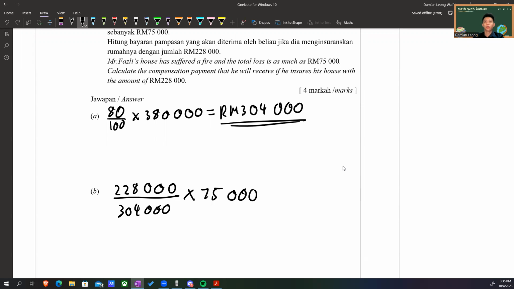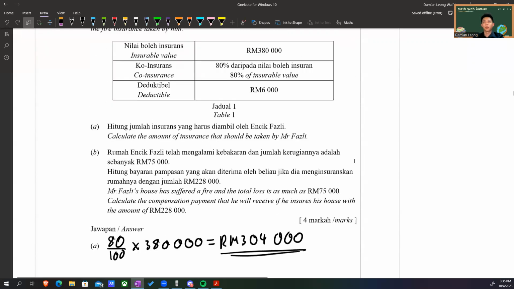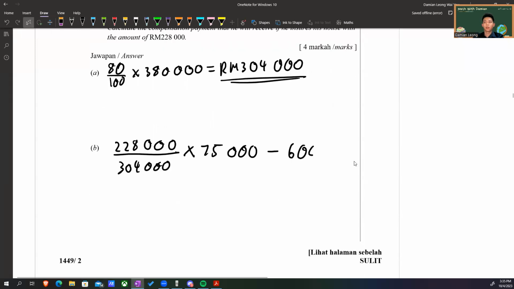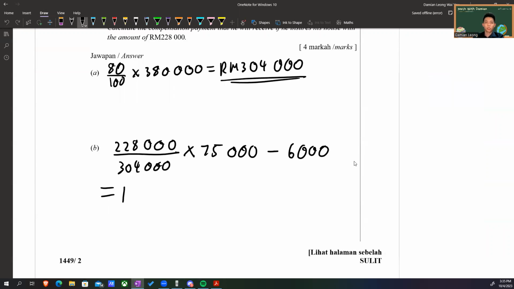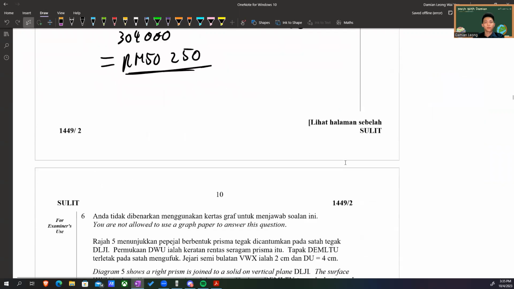But I also have to minus the deductible because the deductible will be paid by himself. So 228,000 divided by 304,000 times 75,000 and minus 6,000 deductible, which is 50,250 ringgit. Yeah. That is question 5.